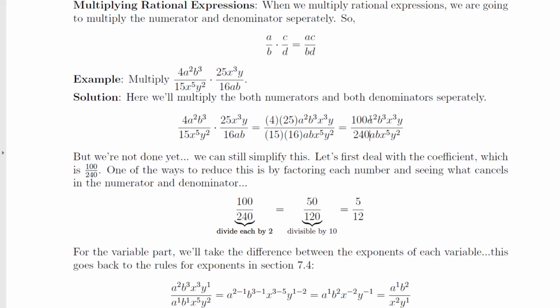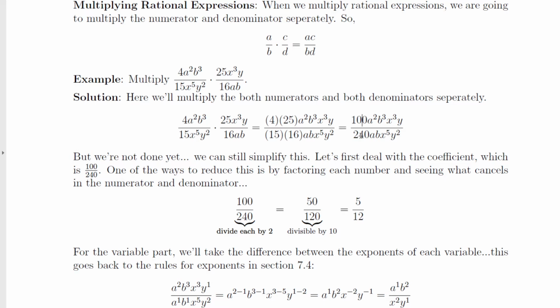What I'll try doing is, if I notice that these are even numbers, I'll try dividing everything by 2. I'll just keep cutting them in half. So 100 over 240, that's the same as 50 over 120. You can cut it in half again if you want. So that would be 25 over 60, right? And then you can't do it anymore because 25 is not an even number.